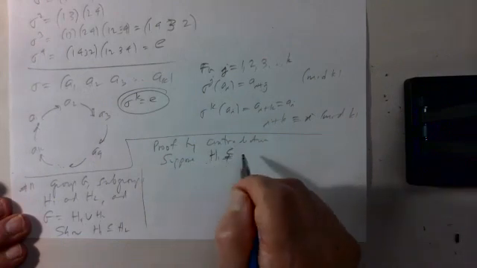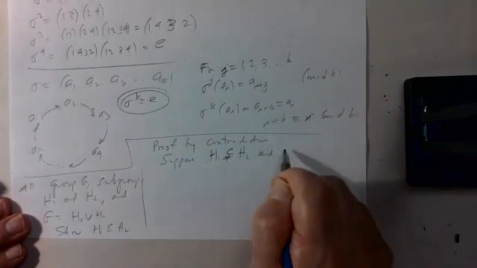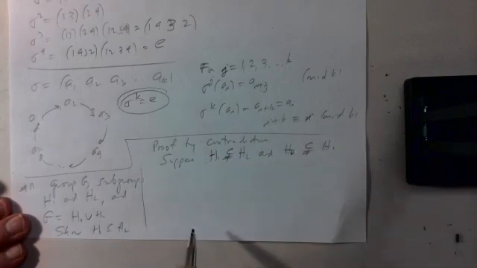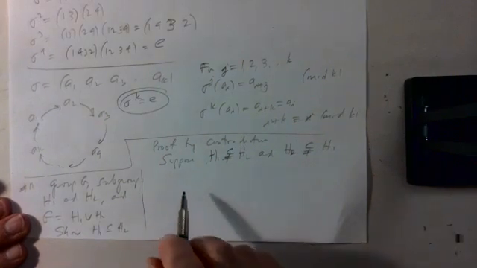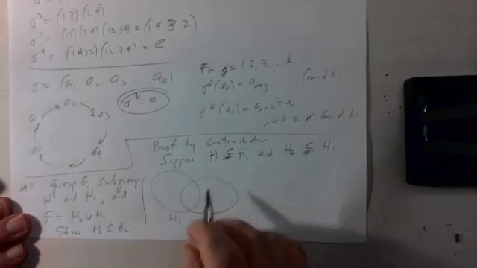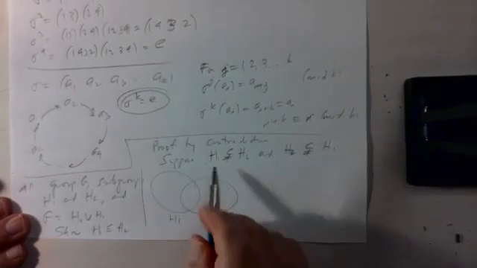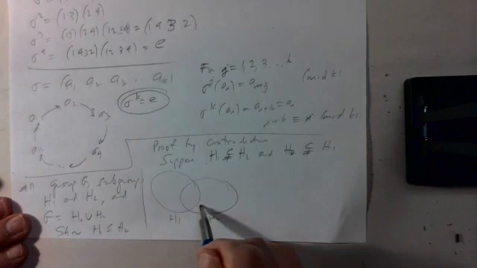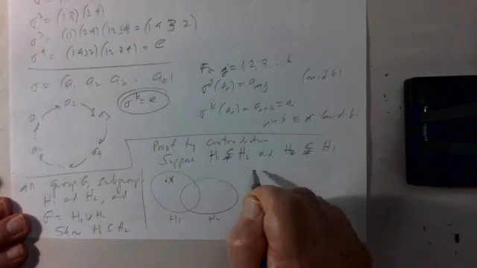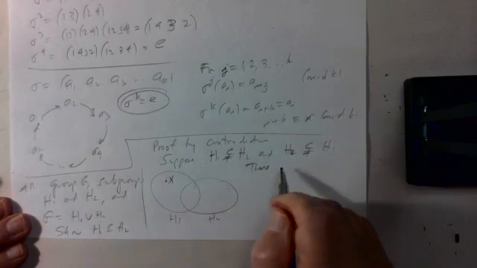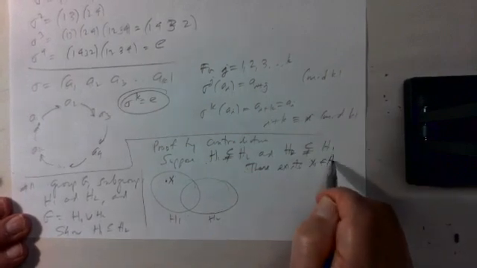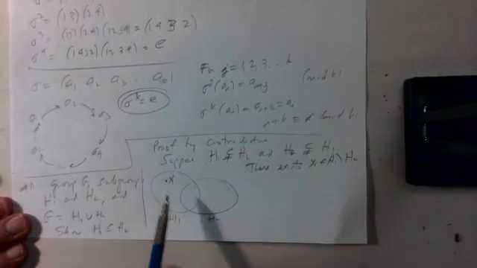Suppose H1 is not a subgroup of H2, and also H2 is not a subgroup of H1. So what does that mean? It means, let's say this is H1, and this is H2. If H1 is not contained in H2, there exists an X1 in H1 but not in H2.